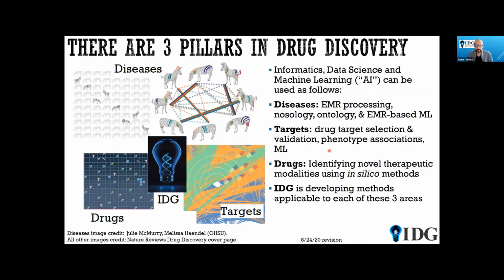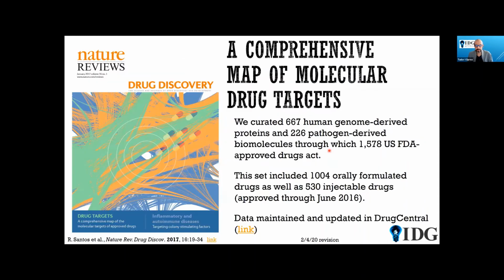But before I do that, I want to highlight that the concept of annotating drugs to targets is a rather difficult task. This paper that is highlighted here, it took us about 7 years to do the update. So we manually had to go through over 1,500 drugs and almost 1,000 biomolecular targets.